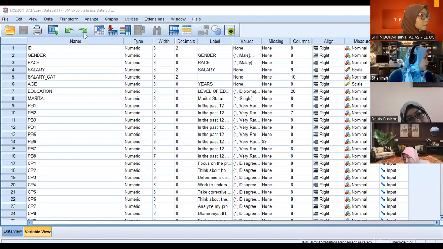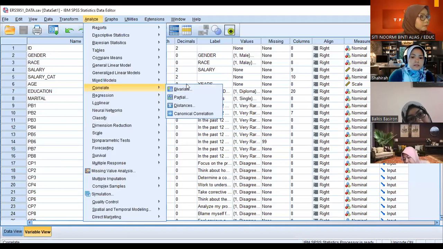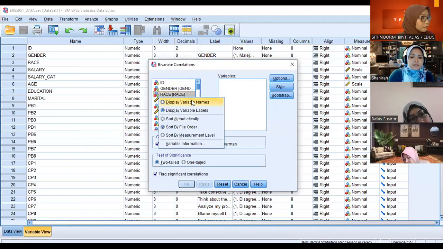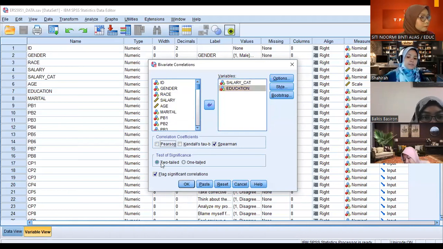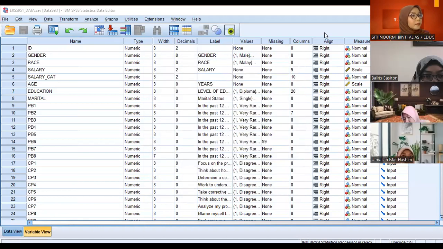So if you have any outliers, you should delete them first. Yes, correct, it is 0.700.